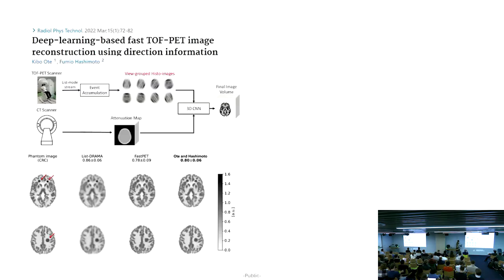In a comparison between FastPET and that approach, there is still improvement in terms of lesion shape, as you may see here, which is more faithful to the simulated lesion, but quantification-wise, I would say there is much more work to do.